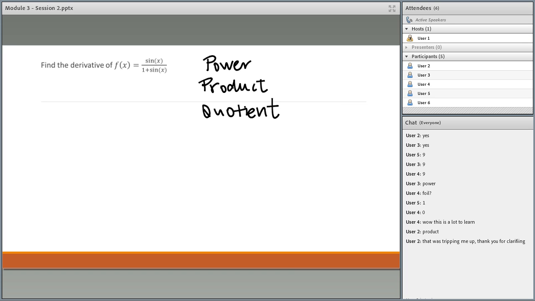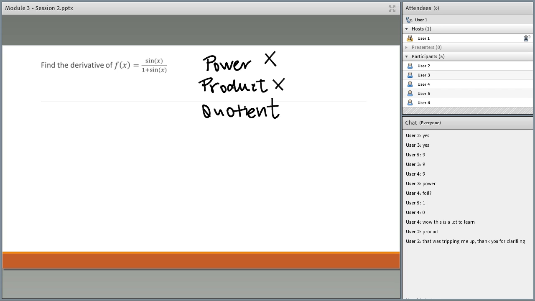Well, we don't have any x squared or x to the third or x with any exponent terms. We've got the trig function, so the power rule we won't use. And we don't have two functions multiplied together, not in this form, so we won't use the product rule.